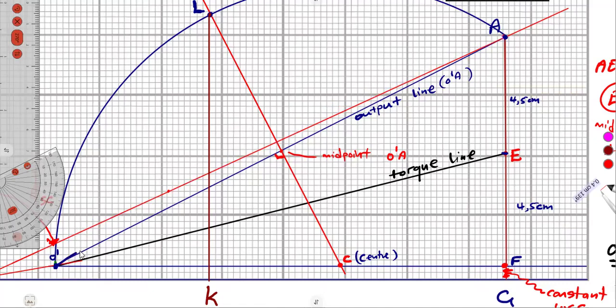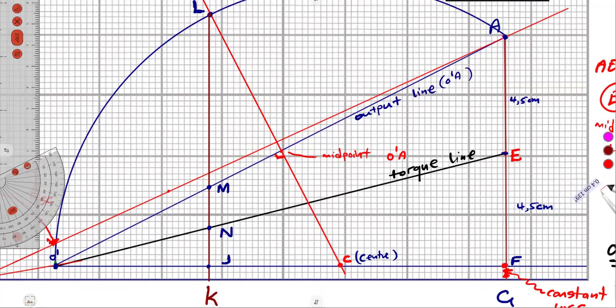So from O bar, along the output line where these two meet, we have point M. Along the torque line, that is where we're going to have the point N. From this point O bar along the referred line, that is where we are going to have the point J. Just like that. So that's L, M, N, J, and K.